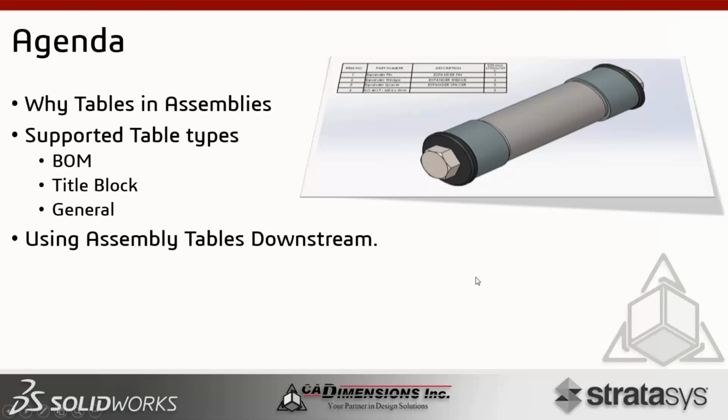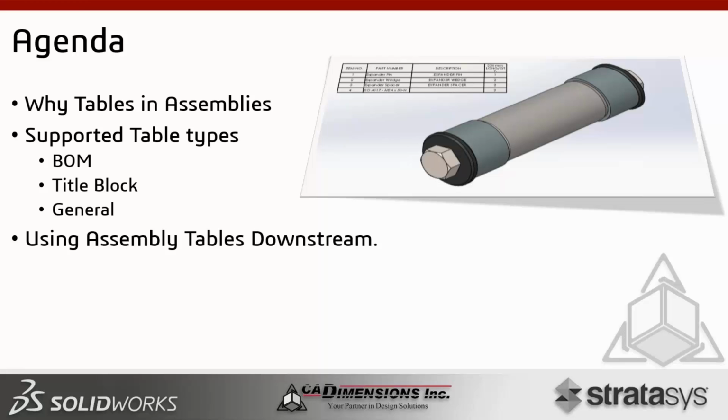So for our agenda today, I want to talk about why tables and assemblies. What is the reason that SOLIDWORKS has even given us the functionality to be able to put a table in the assemblies? I want to talk about what the currently supported table types are. We're going to go through bill of material, title block, and general tables, which are the three supported types that we currently have.